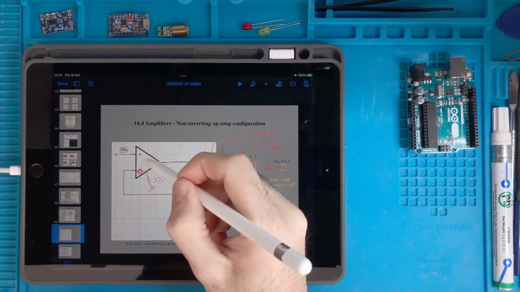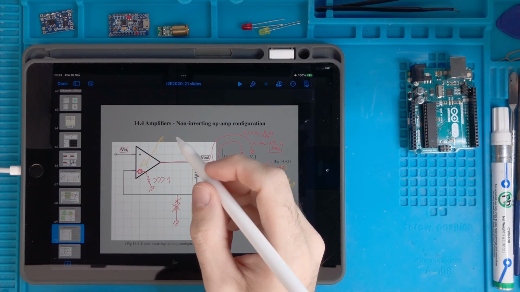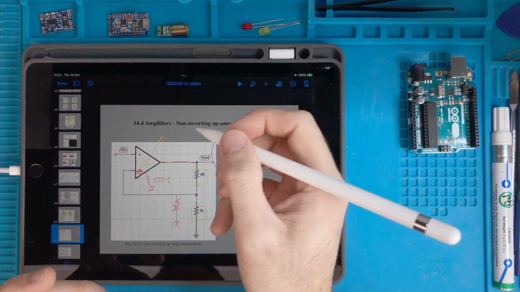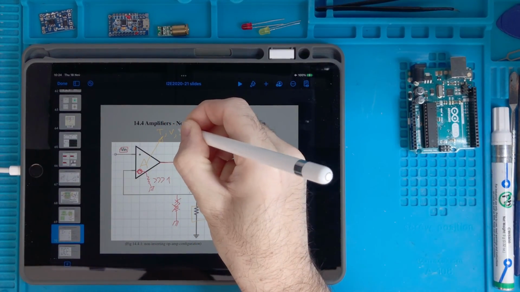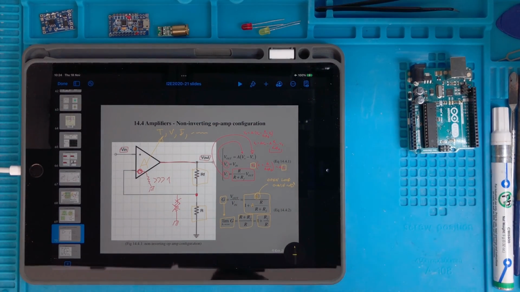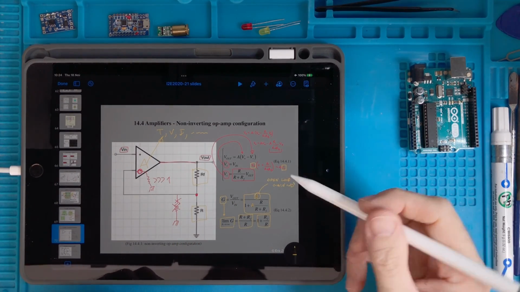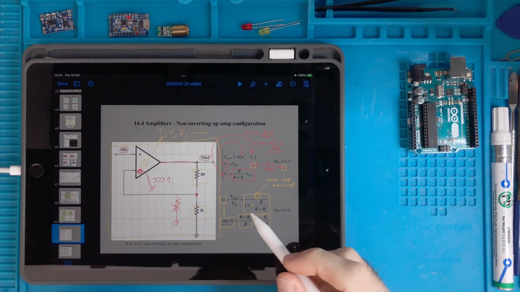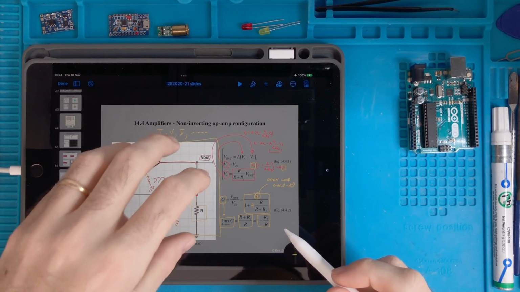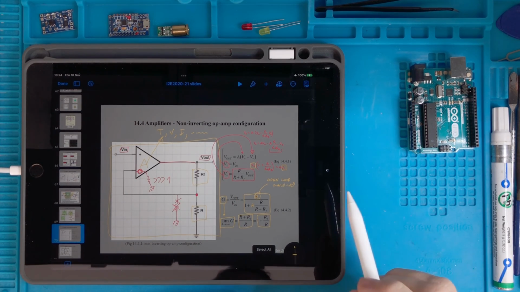It means that in principle, if this gain A was depending on some parameters like temperature, voltages, currents, whatever, so if this A function was not linear, in this circuit it doesn't matter, because the value of the gain of this circuit does not depend on A if A is big.